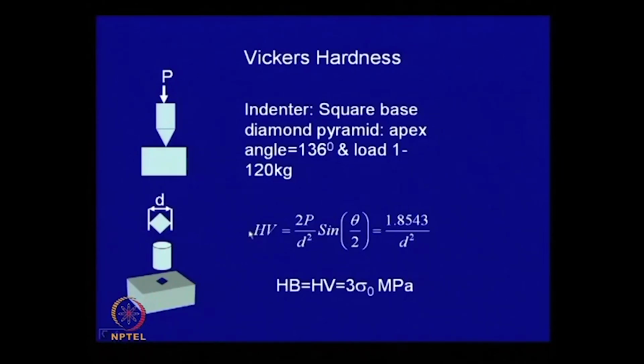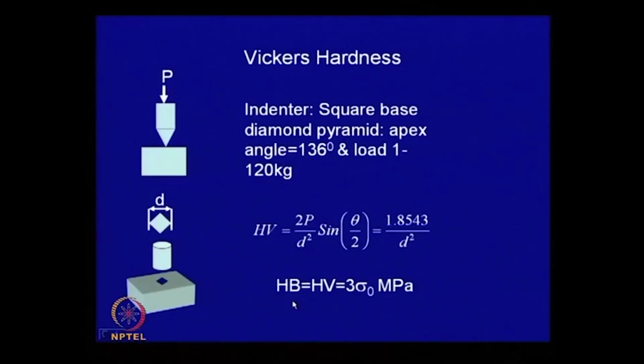Hardness here is also defined exactly the same as Brinell hardness number, that is load over the contact area, and here theta is the apex angle, 136 degree. And this hardness measurement, as is apparent, is a very simple test. It does not need a very large amount of material.